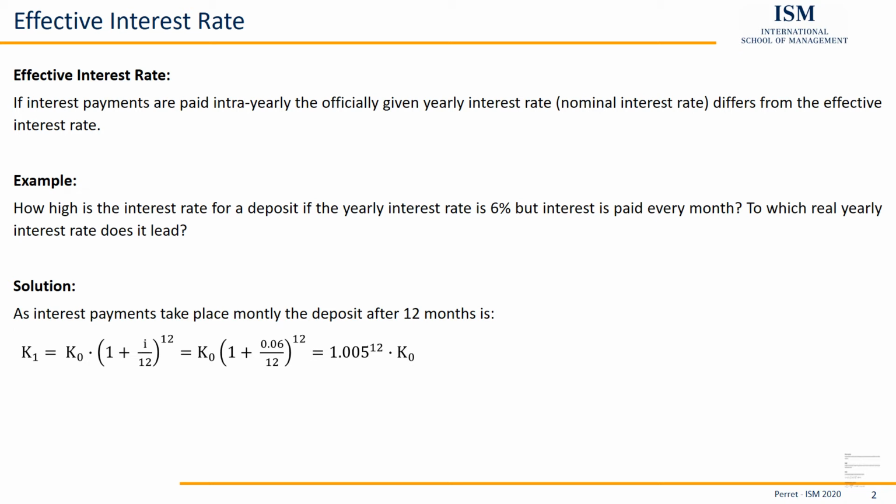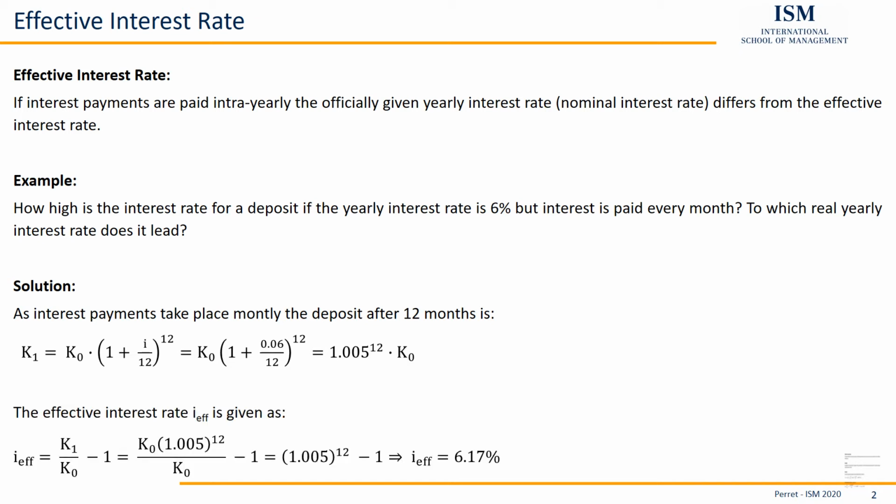Well, if we only had one payment, we would have gotten 1.06 times K0. So what we can do now is just take a look at what the 1.005 to the power of 12 actually will result in.